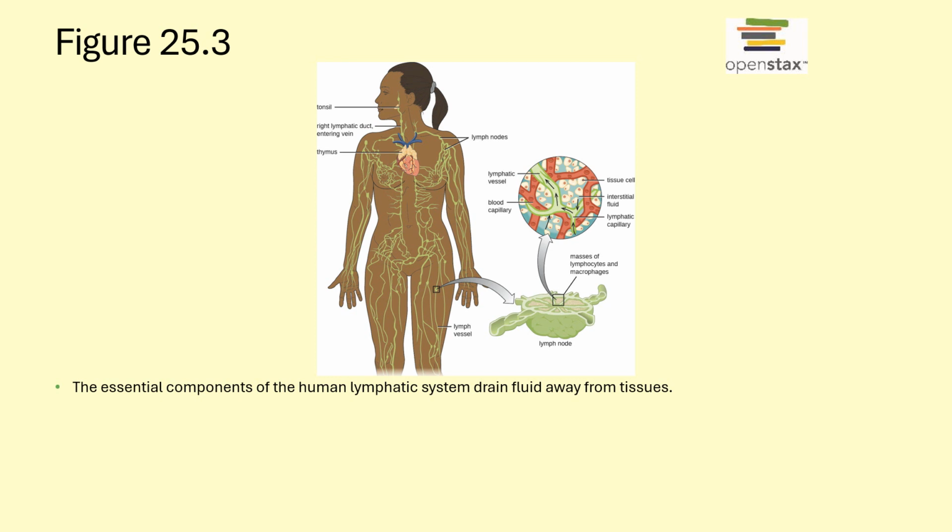It's going to include the spleen. It's going to include the lymph nodes. It's all going to drain back. As a reminder, or maybe for those who have not had A&P yet, it's going to drain up here. The subclavian veins is where it's going to drain the fluid back into the circulatory system.